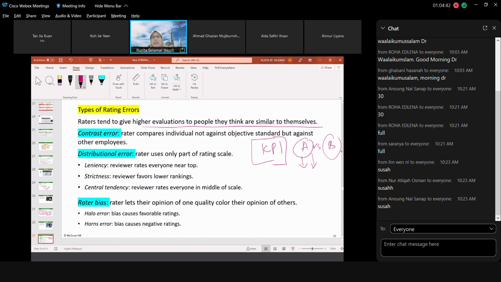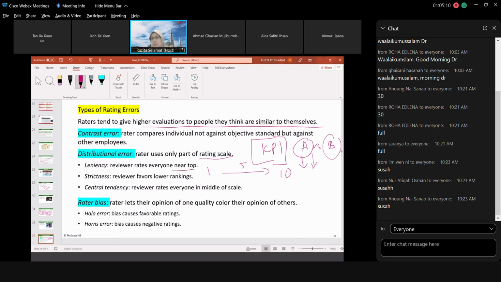How about distributional errors? Focusing on only a certain part of the rating scale. Let's say kita rating tu ranging from 1 to 10, tengah-tengah ada 5. If the evaluator is someone who is lenient, they will rate everyone near the top.